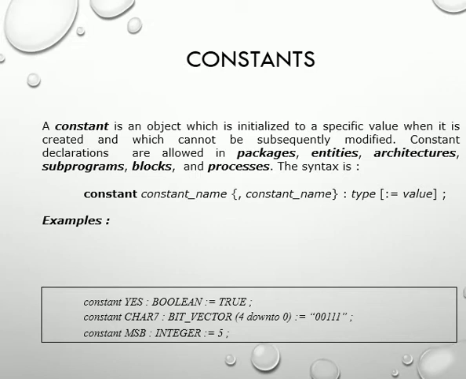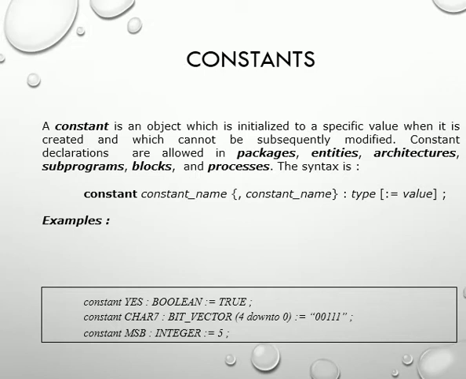Now, another example you can see here is constant char7, char7 colon. Now this is a vector, a bit_vector type, and in the bracket 4 down to 0, that means it will be from, if we are considering it, C4 to C0.